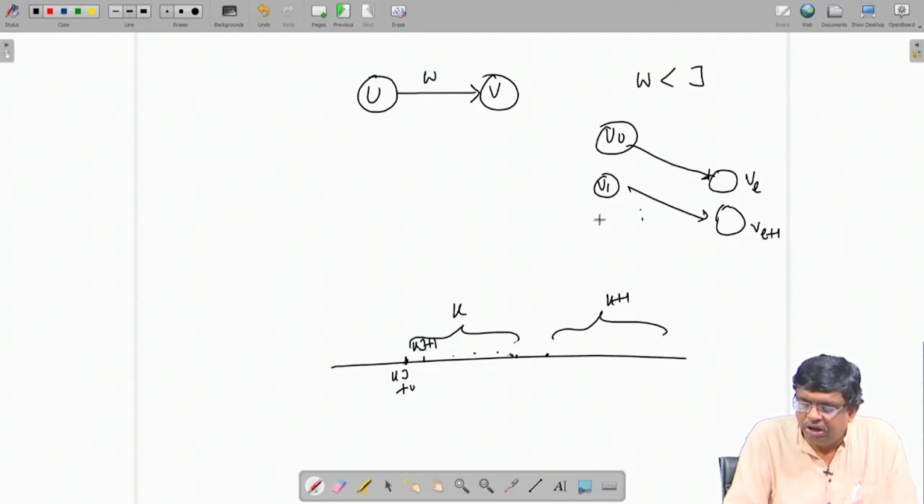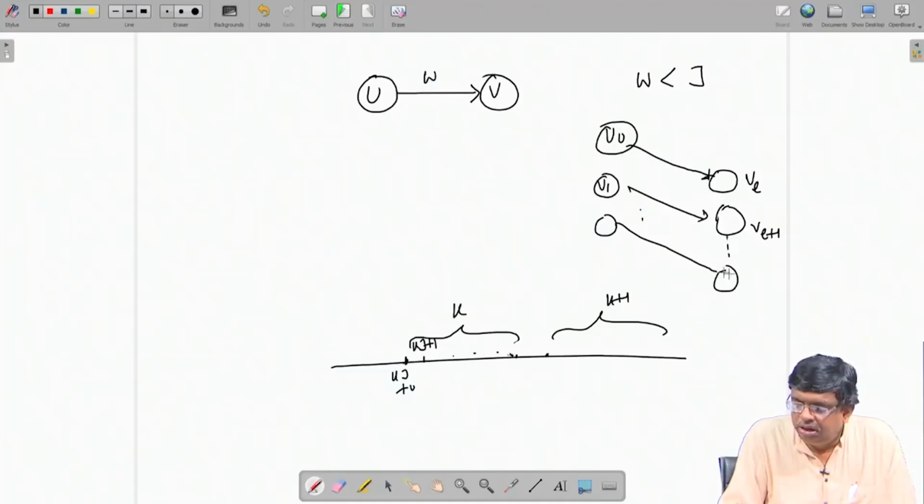Then you will reach the last guy V j minus 1, and then if you go further to the right, it will hit.